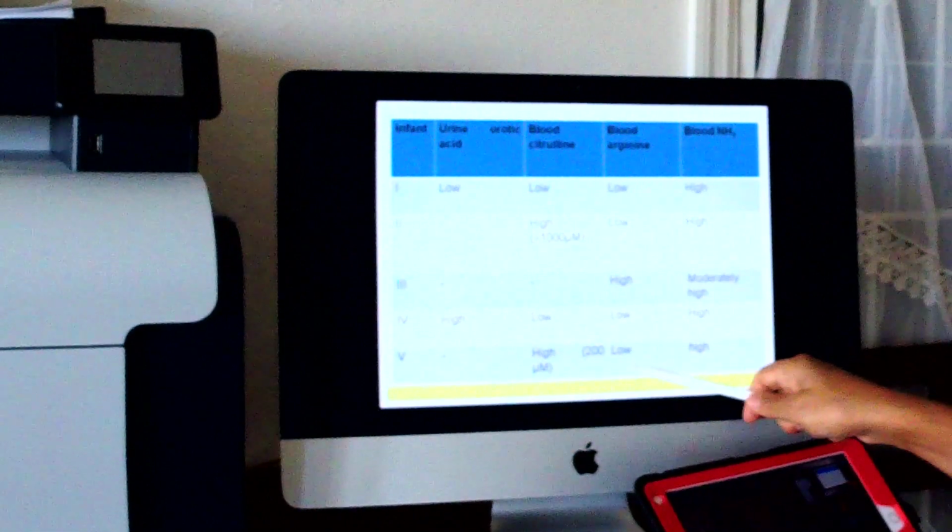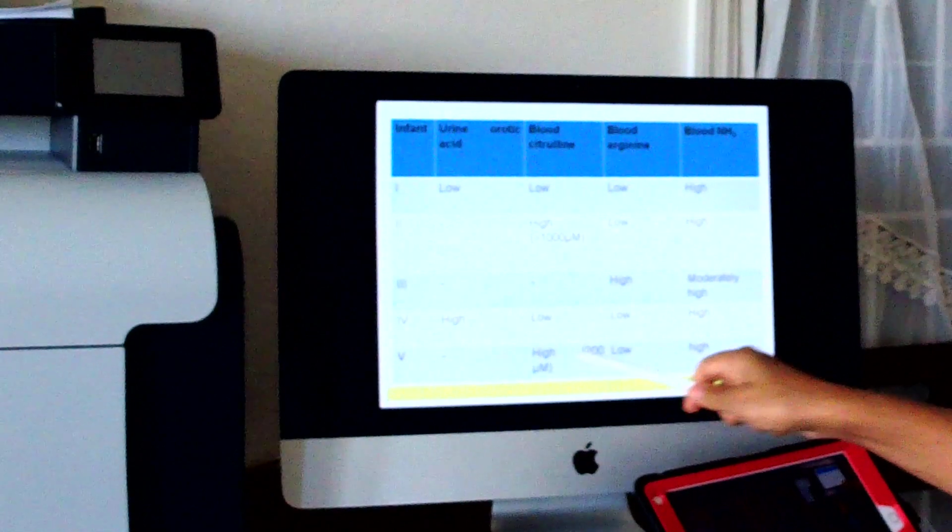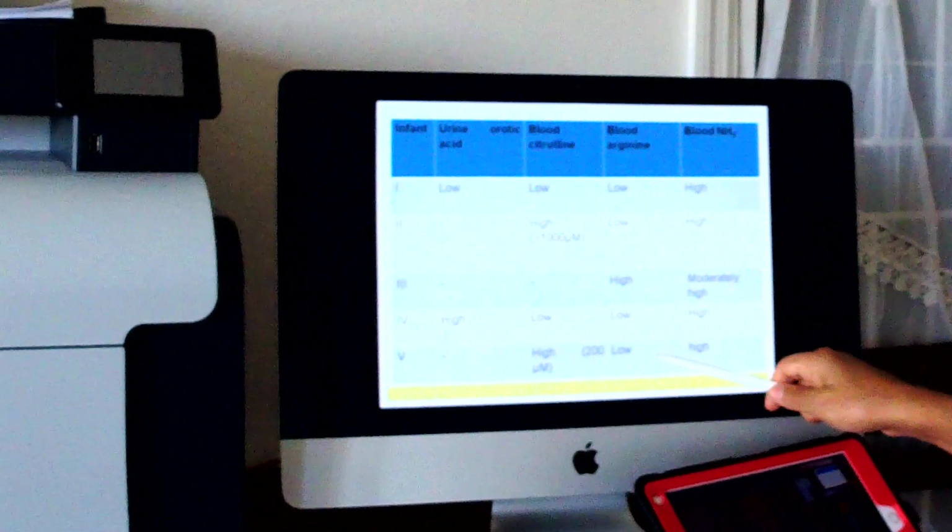Argininosuccinic acid is not mentioned, but the citrulline level mentioned is a little bit higher, and the arginine level is lower. So in that sense, I would say it is a case of argininosuccinate lyase enzyme deficiency, leading to excess argininosuccinate levels.